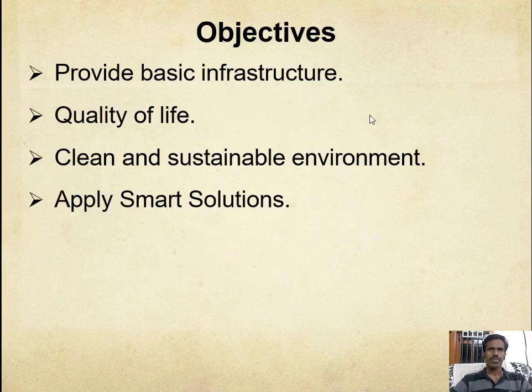What is the objective of the smart city? A smart city provides basic infrastructure, it has to provide a quality of life and a clean and sustainable environment, and the smart city should apply some smart solution. So these are the four objectives of a smart city.